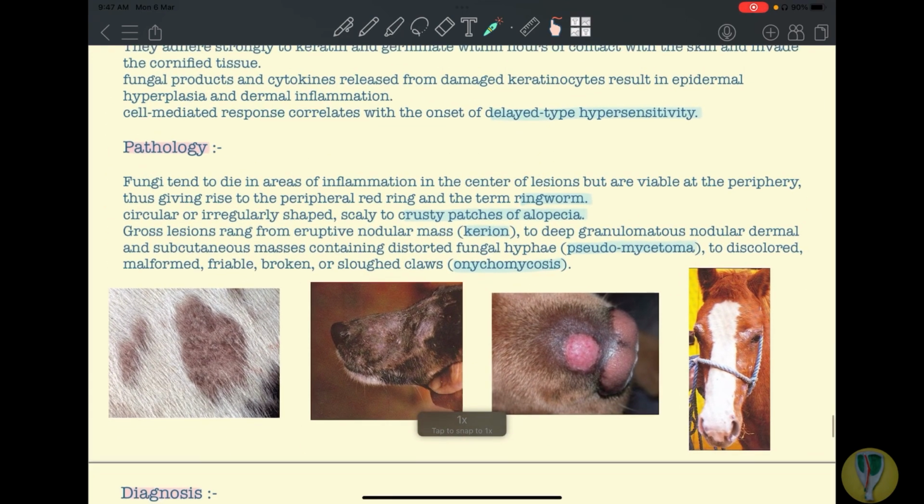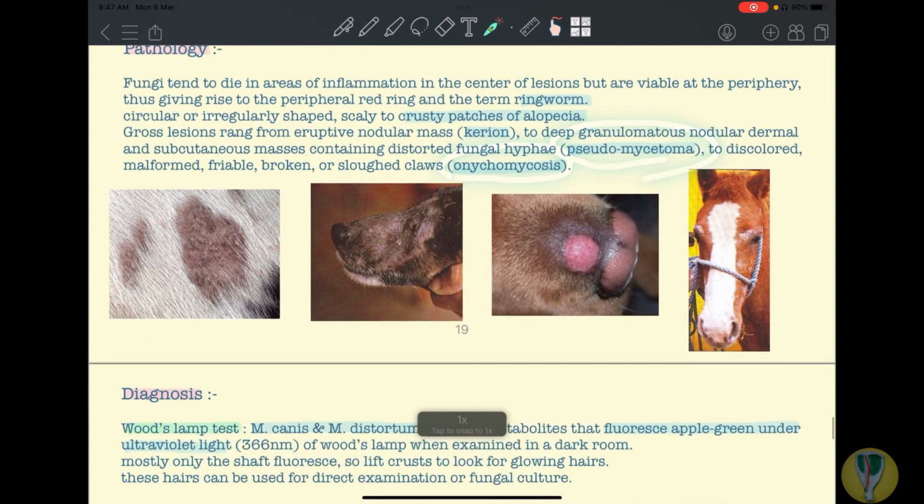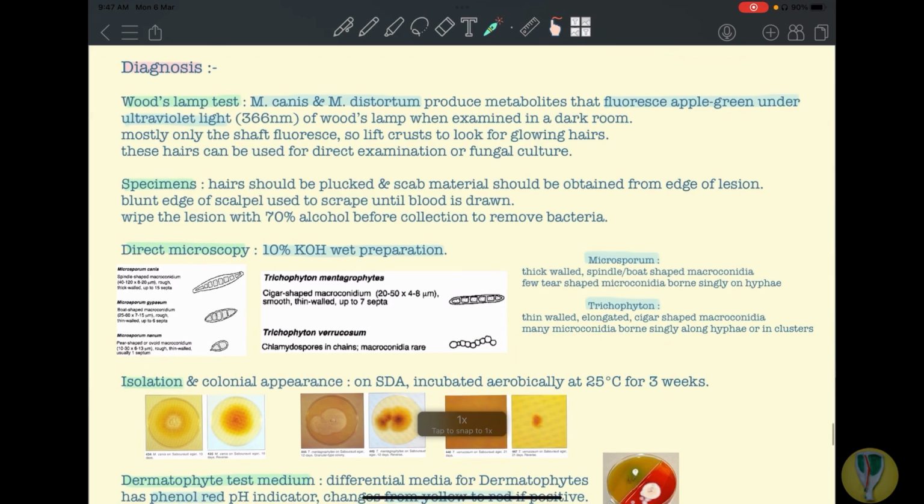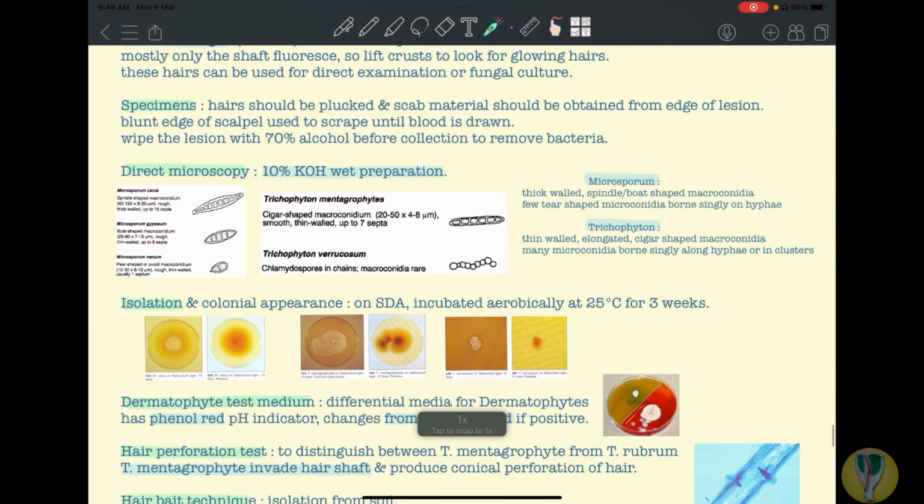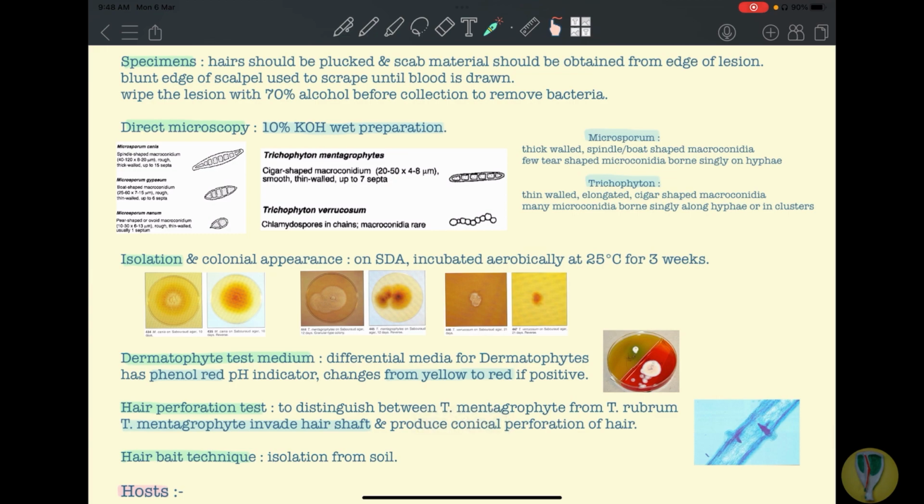Okay, the main lesions are ringworm, alopecia is seen, kerion is especially unique in case of dogs, pseudomycetoma, and onychomycosis. Onychomycosis is often asked in the exams. Then the primary diagnosis is Wood's lamp test. Okay, the dermatophytes, M. canis and M. distortum, will give apple green fluorescence. For specimens, you should collect hairs that are plucked and skin scraping on a black paper.